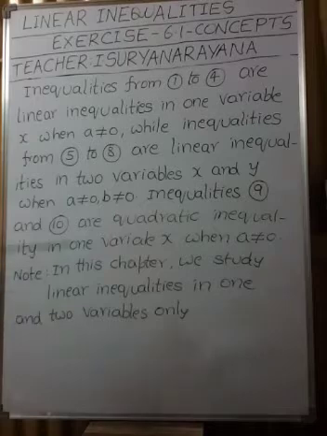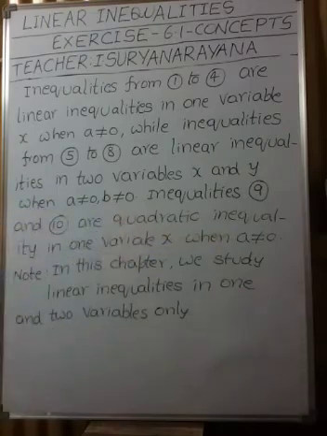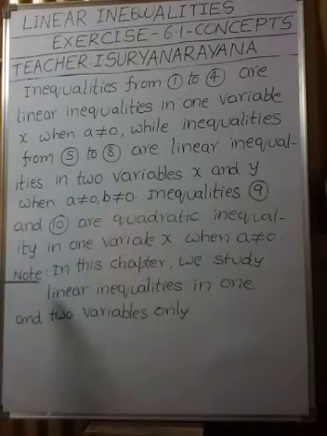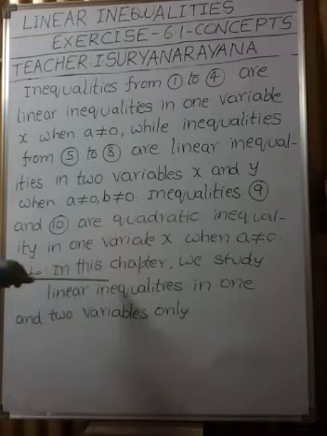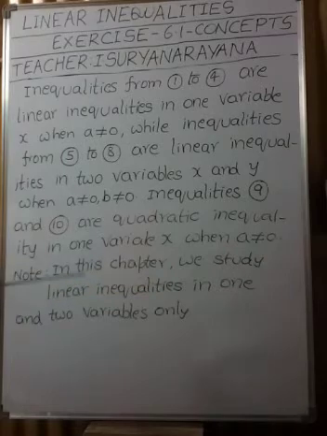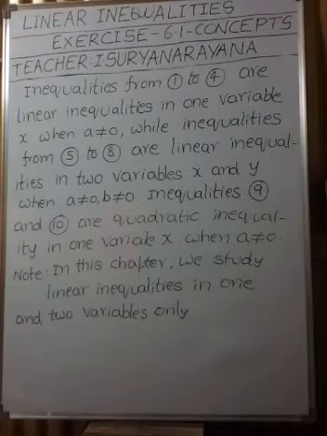So it is said to be a quadratic inequality in one variable x when a is not equal to 0, meaning the coefficient of x square should not be equal to 0. Understood this point, my children? Right. Note, in this chapter we study linear inequalities in one and two variables only. Okay, my children? Understood? Right.